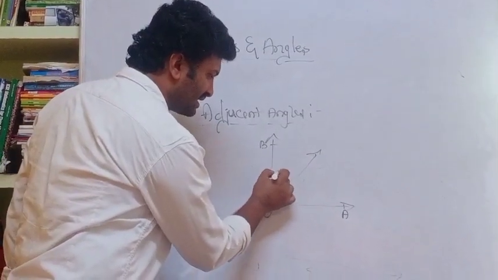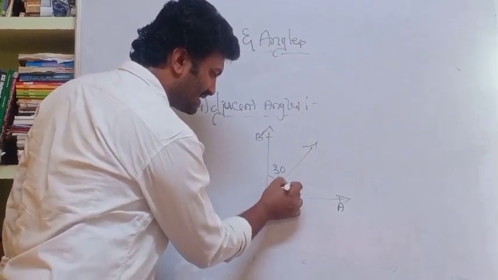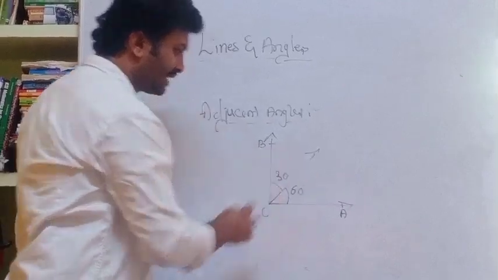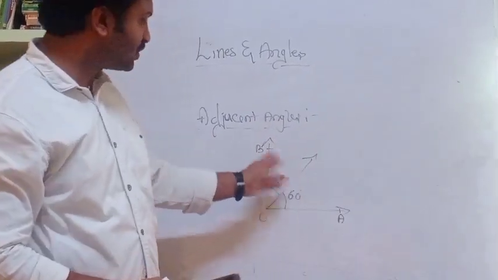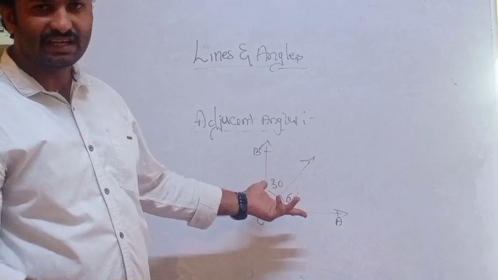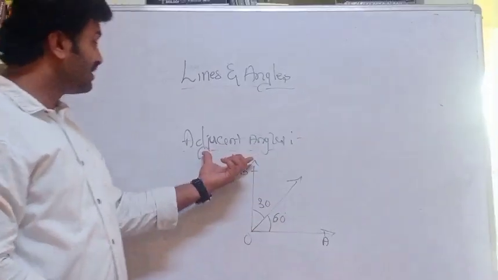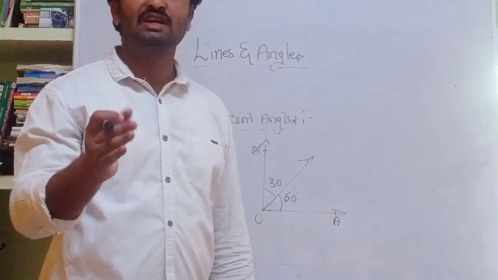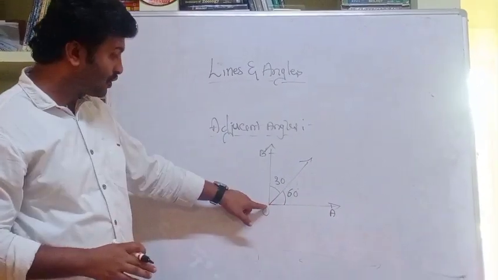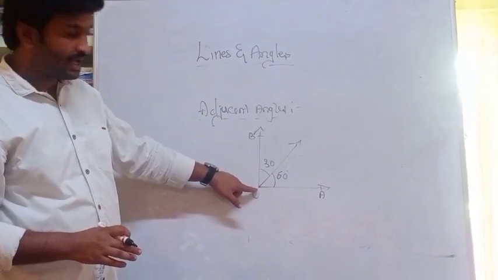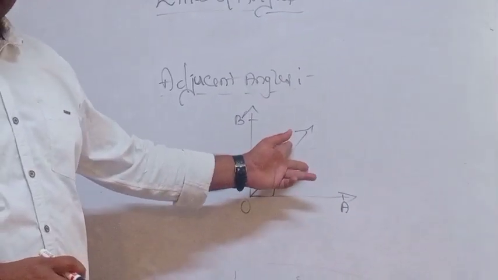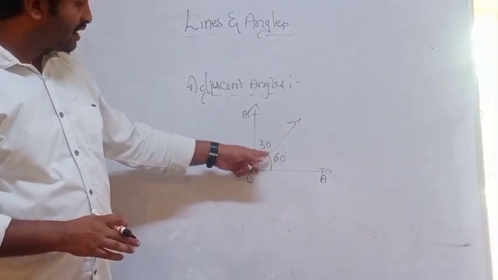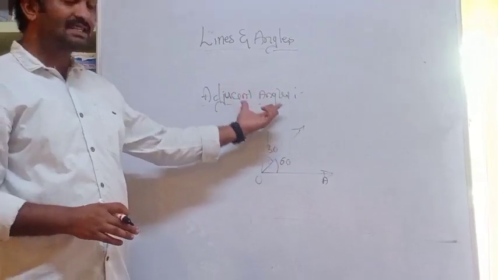We'll take this as 30 and this as 60. The combination of both angles is 90 degrees. See here, now we have to define adjacent angles. The angles having a common point, vertex, and the magnitude of these two angles becomes 90 degrees are called adjacent angles.